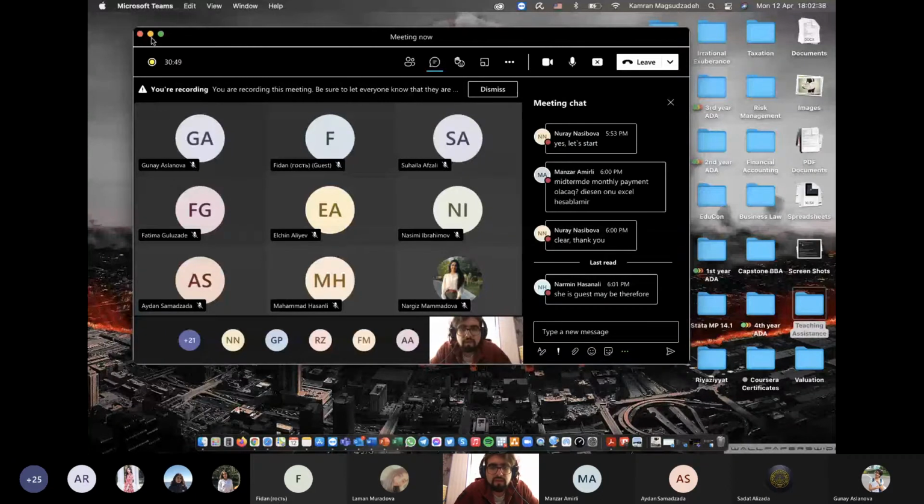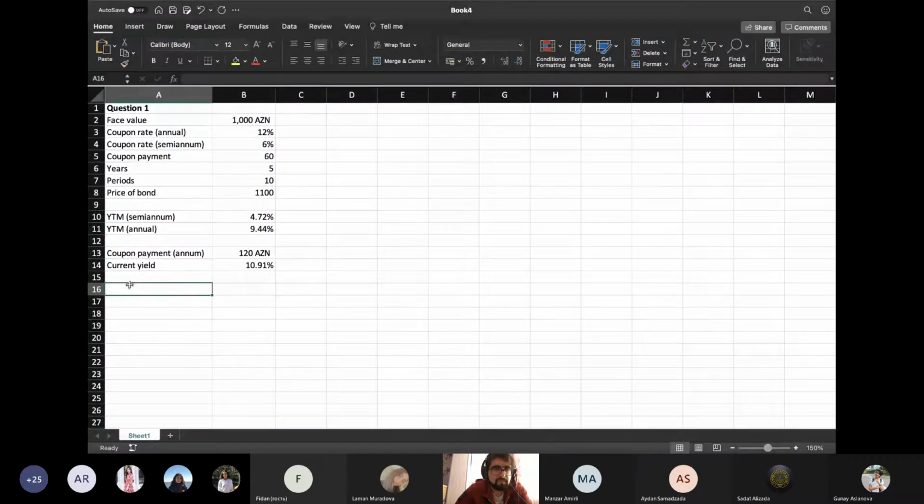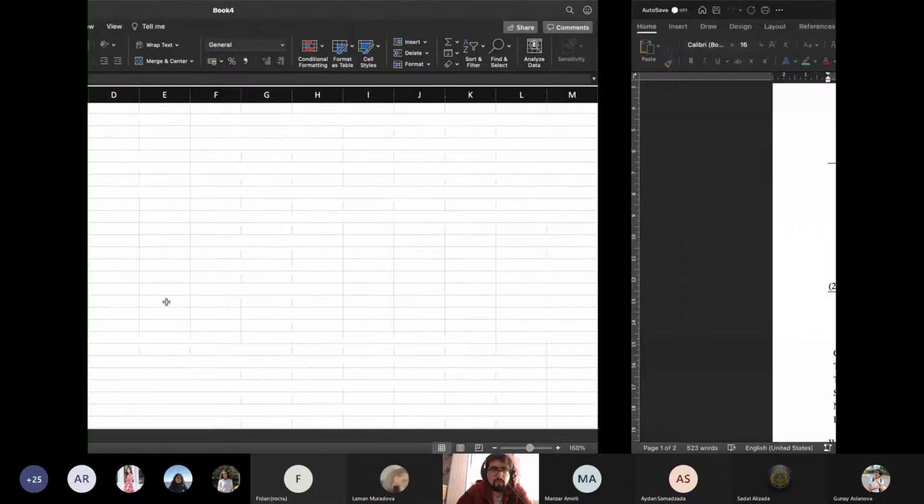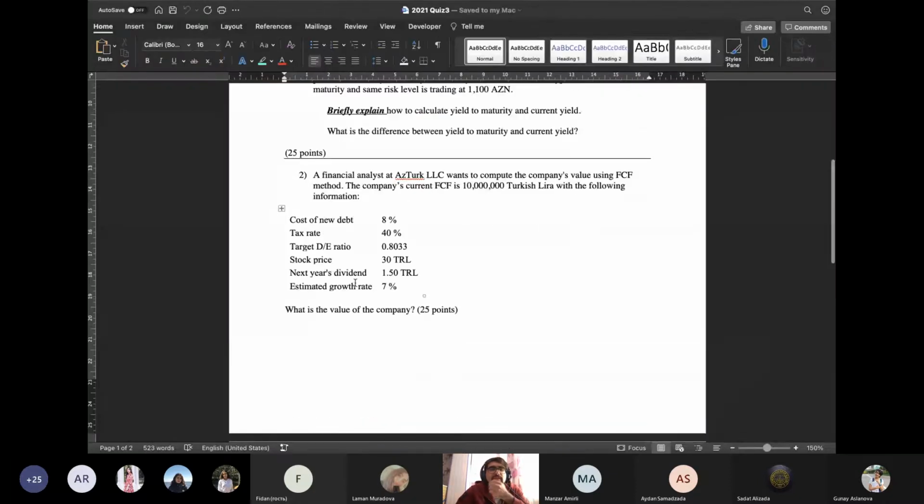Anyways, if it's clear, you can continue with the second question. Second question says a financial analyst at Aztürk Limited Liability Company wants to compute the company's value using the free cash flow method. The company's current free cash flow is 10 million Turkish lira with the following information.